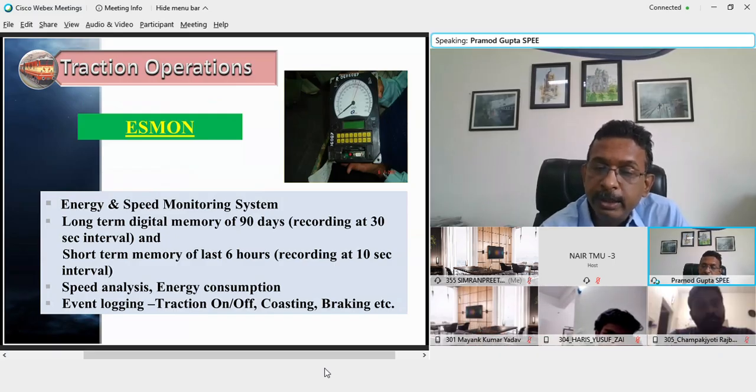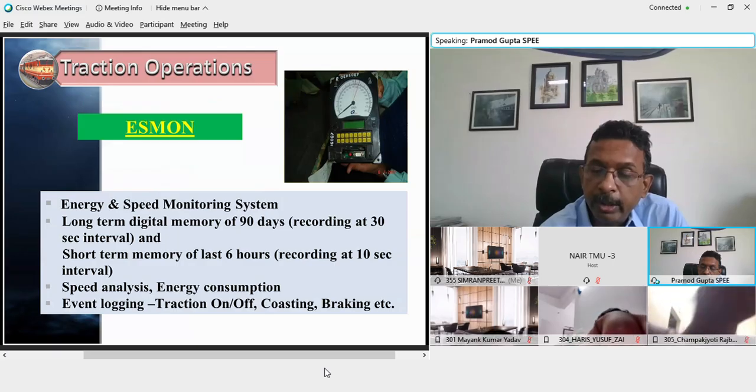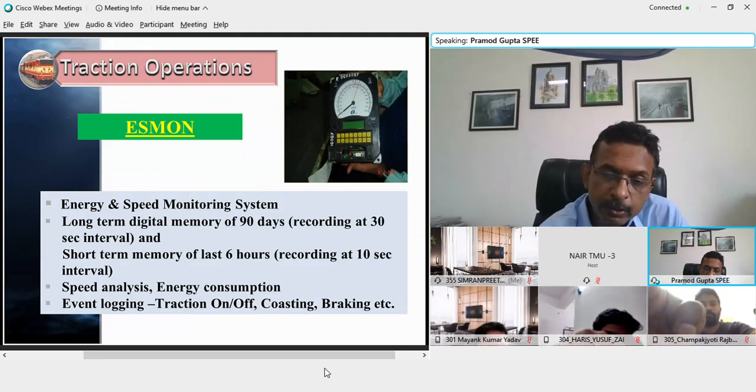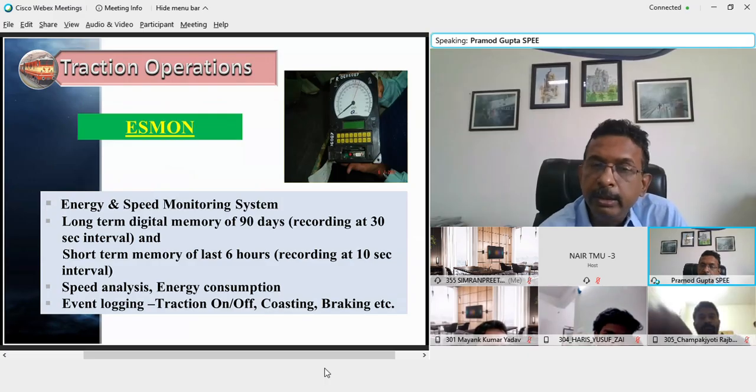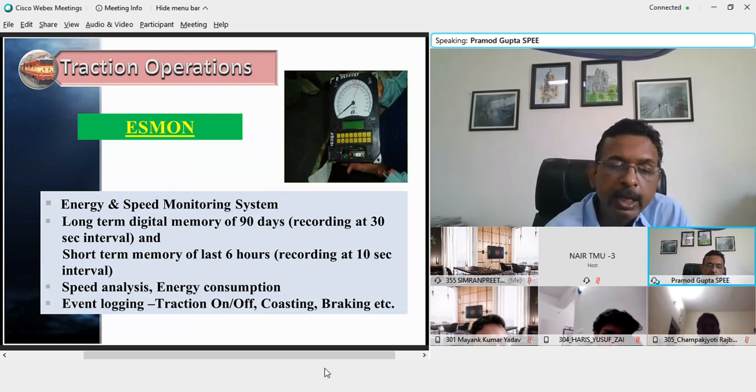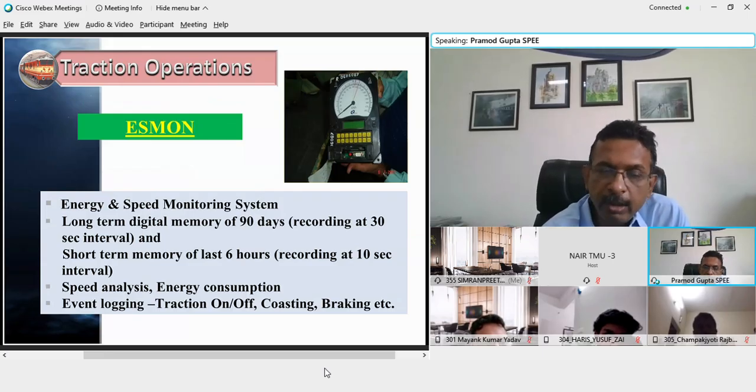He also knows that the monitoring is continuous. Almost all his actions are getting recorded in the SMON, and any incident may go against him during an inquiry. So they have changed their behavior. Their driving skills have improved a lot.